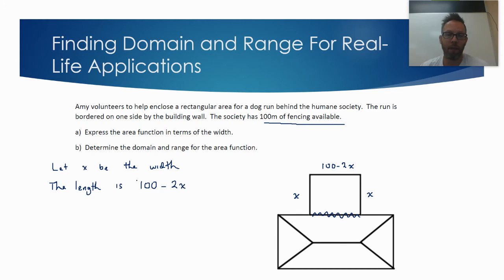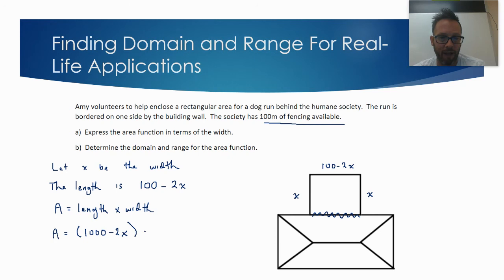Let's get an expression for the area. So we know that area equals length times width, the area of a rectangle. Well, I have expressions for both of those now, right? So area equals, well, the length is 100 minus 2x, and we said the width was x.